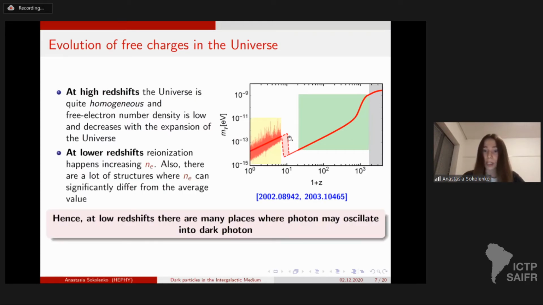Then at low redshifts, you start to have collapsed structures, and therefore your number density in clusters, so galaxies, is not equal to the average number density, and that's why you have a lot of spikes here.